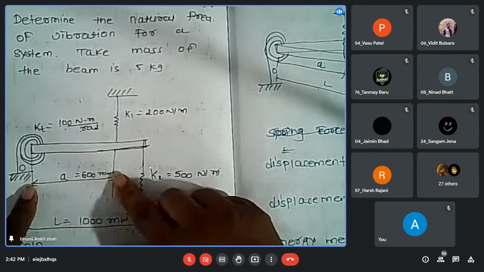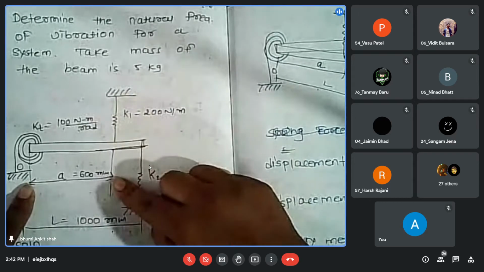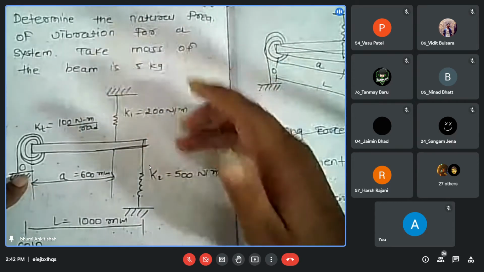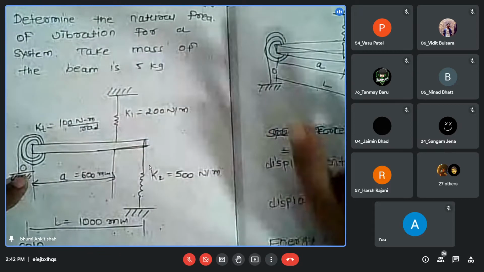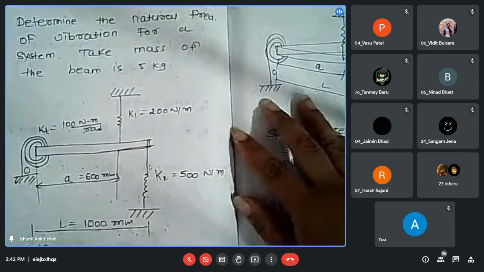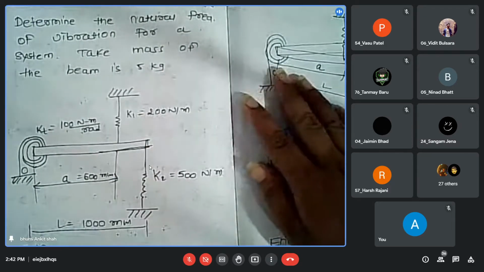From the fixed end to the first spring, the distance is 600 mm. You have all the stiffness values K1, K2, and KT. The mass of the beam is 5 kg. So we have all the parameters known to us.